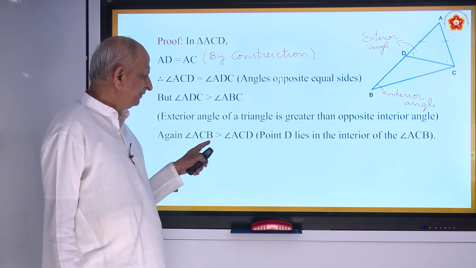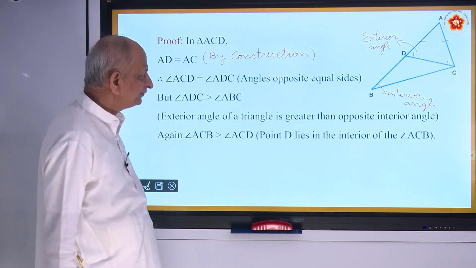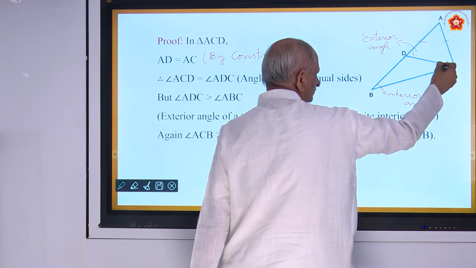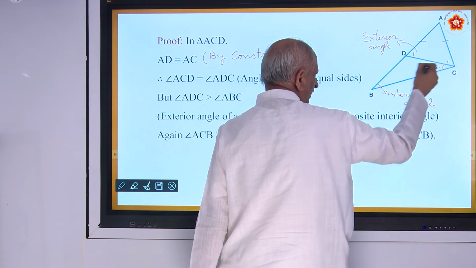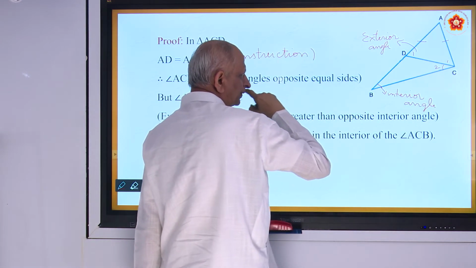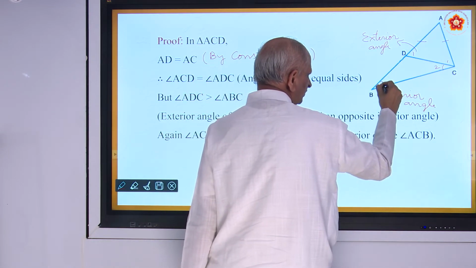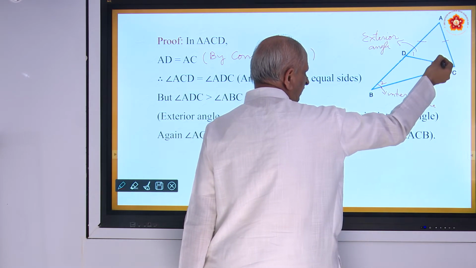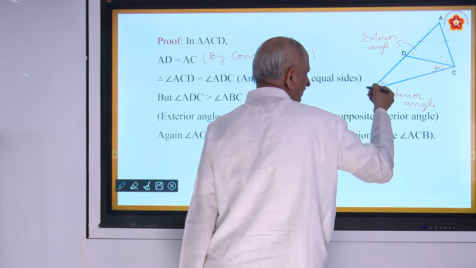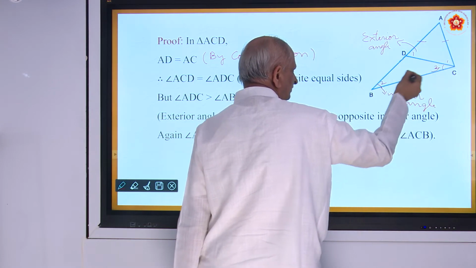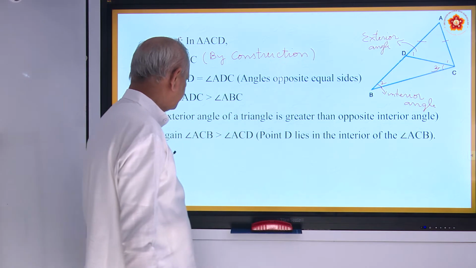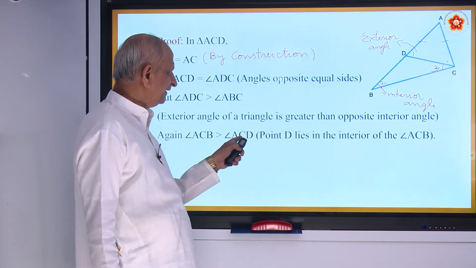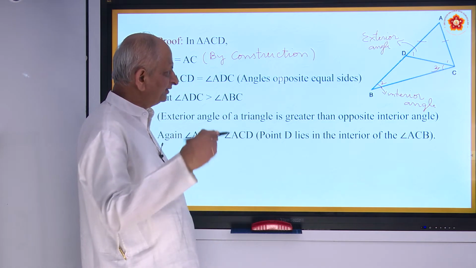Again, angle ACB is more than ACD. ACB is the full angle here. Suppose you call it 2 here. That is more than this. Suppose this is 2 and this is 3. So angle 1 plus 3 is more than this ABC. So ACB, that is the full angle, is more than ACD. ACD is number 1.